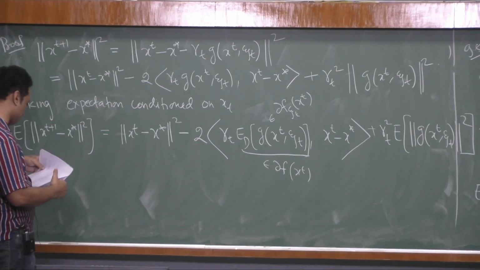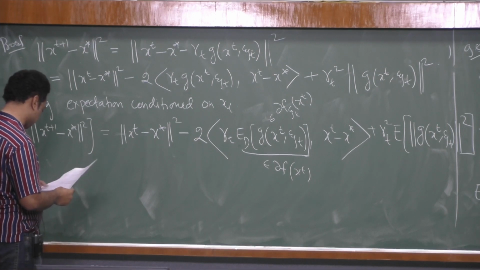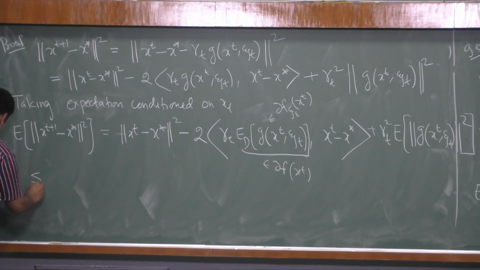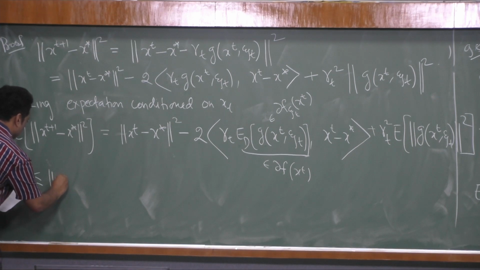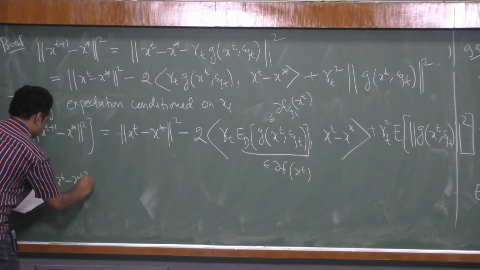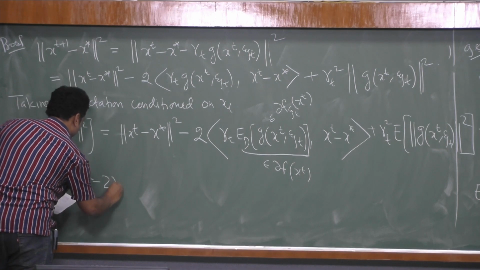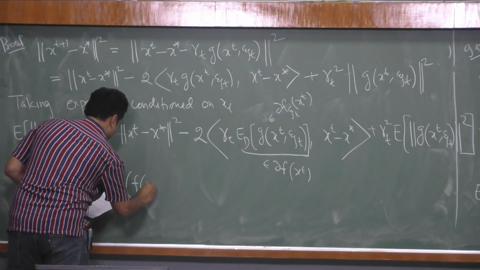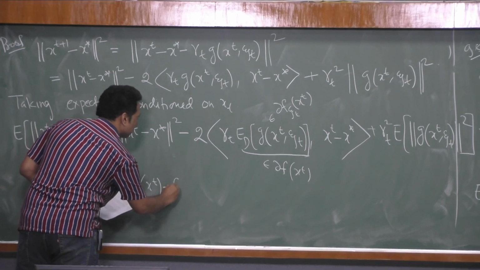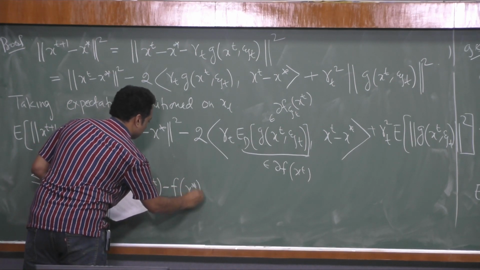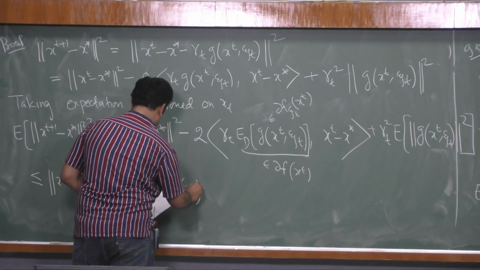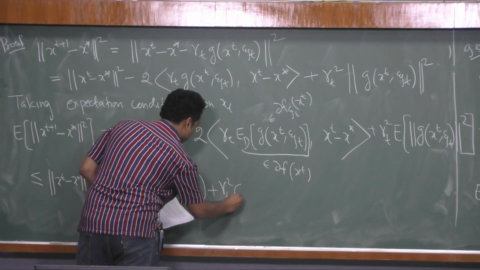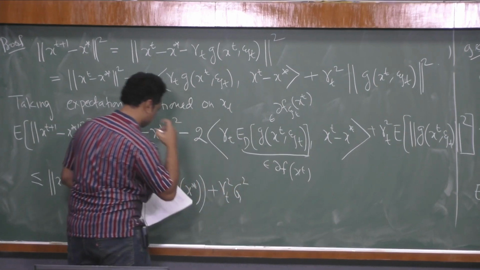If we use the convexity, then the whole thing will be less than or equal to norm of (xt minus x star) whole squared minus 2 gamma t (f(xt) minus f(x star)), and then plus gamma t squared G squared.